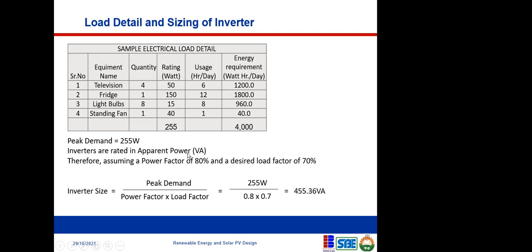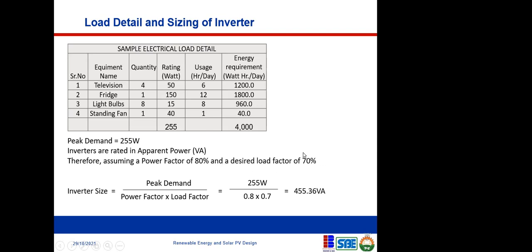So we have to apply a power factor to convert this real power to apparent power, and that's why we have to assume a power factor of 80%. You can assume 90%, you can assume 75%, you can even assume 100%, assuming that it's a resistive load. Just assume your power factor, but this is just an assumption. And a desired load factor of 70%.